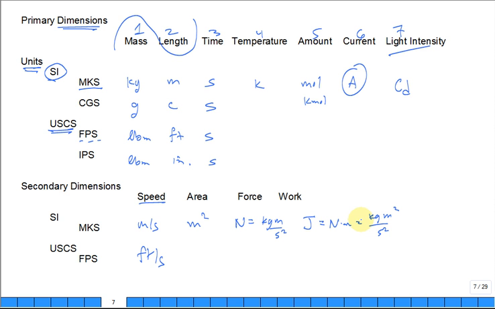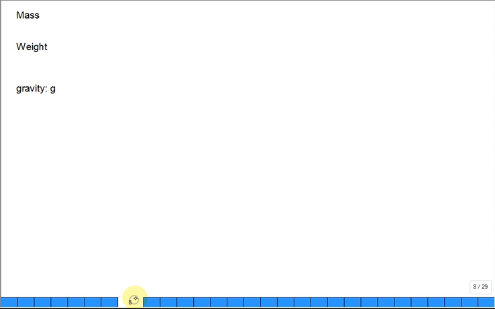So you can break it down to the fundamentals, that's all. Can you really express everything in science and engineering in terms of these 7 primary dimensions? Yeah, right. That's the point of calling them primary or fundamental, and then the secondary or derived.